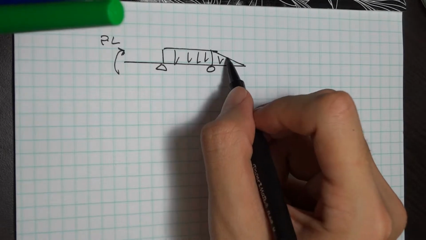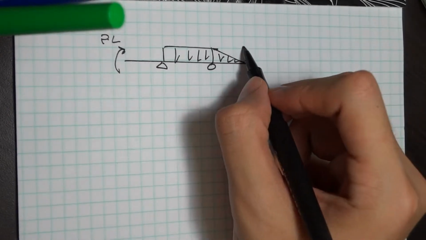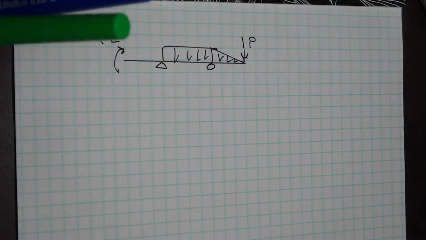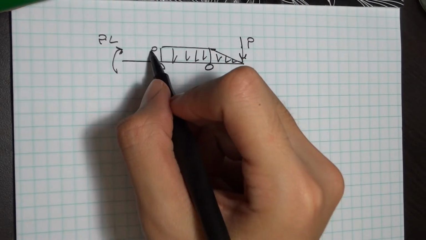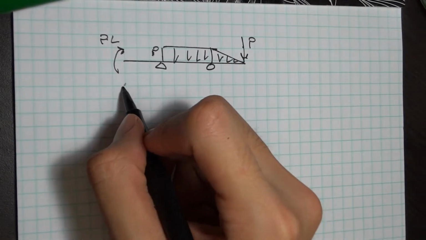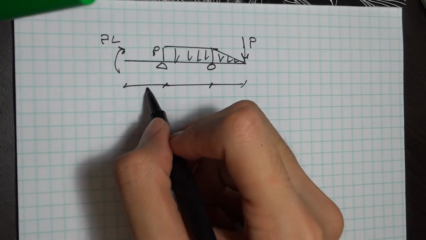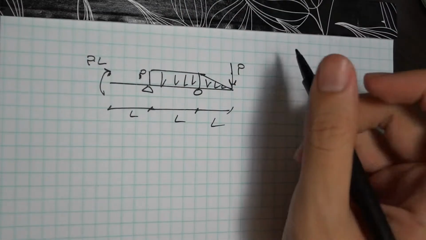And here I'll have a triangular distributed load. And over here I'll have some point load P. And the maximum of this is P. And each of these are of equal length: L, L, L.